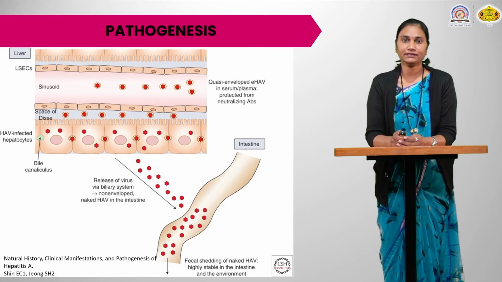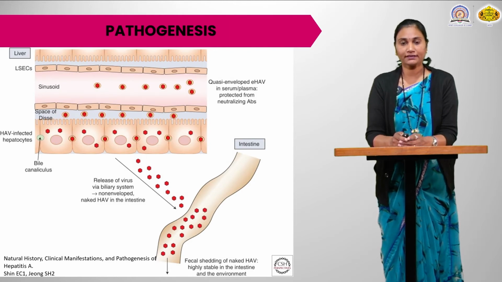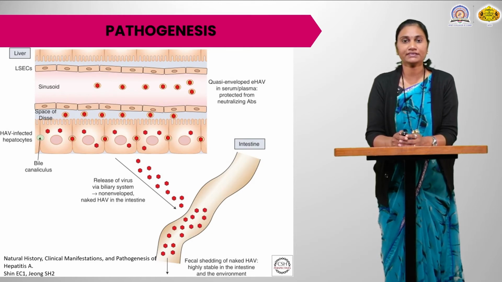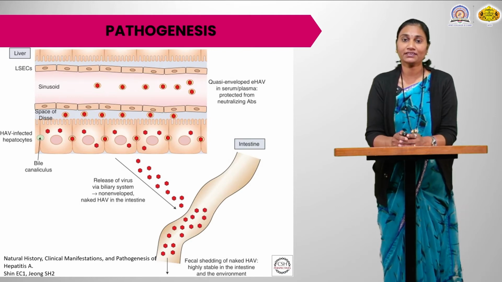So, let's see the pathogenesis of hepatitis A virus. In this particular image, you can see the infected liver cell, and the organism is released via this liver cell. Now, when we talk about pathogenesis, in our previous slide we have seen the mode of transmission of this particular virus. Basically, the mode of transmission is via the fecal oral route.